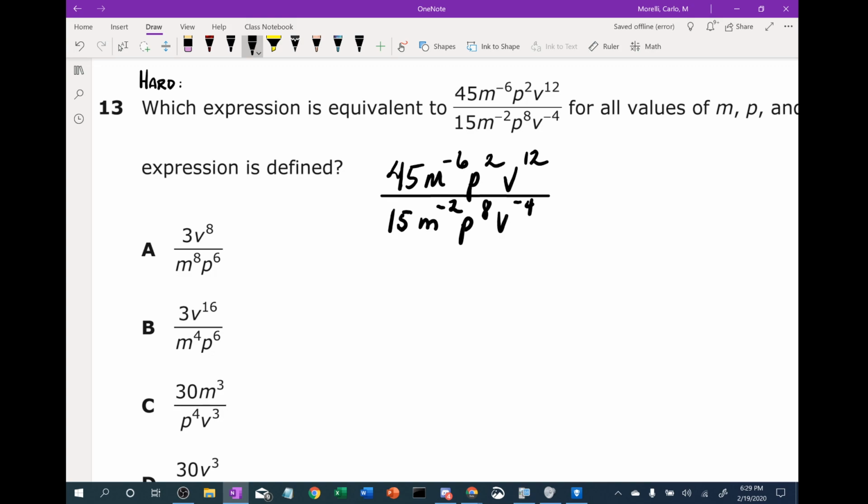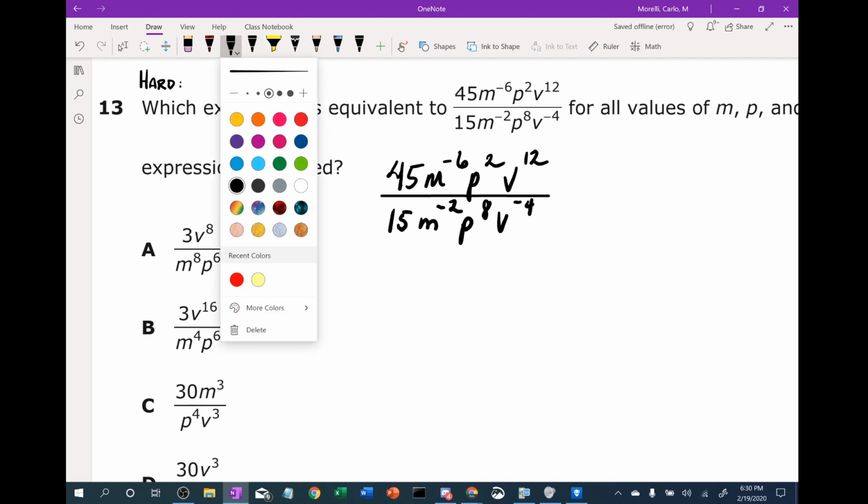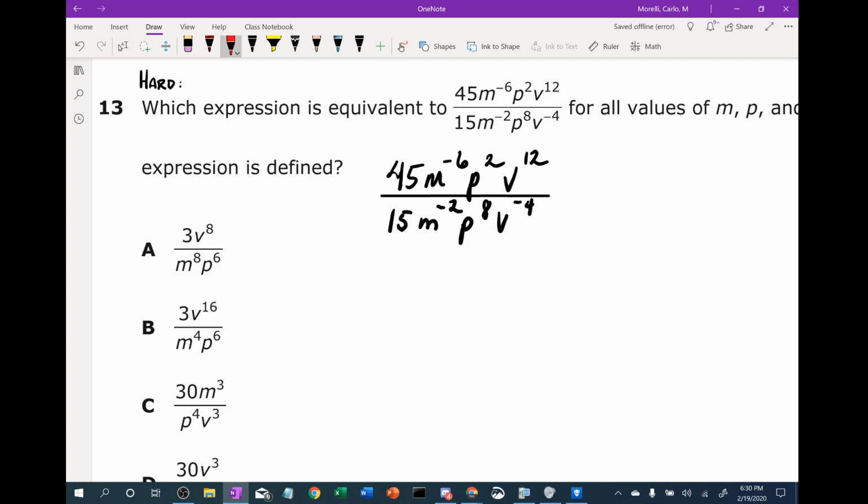So the first thing we can do is simplify 45 and 15. Okay, that can be simplified down to, 45 divided by 15 is 3. So it's just 3 up on top and 1 on the bottom.